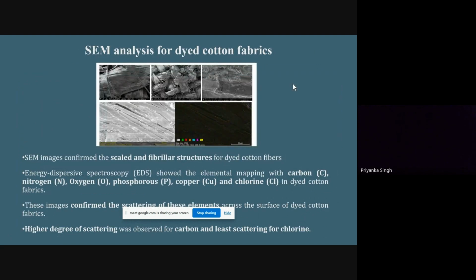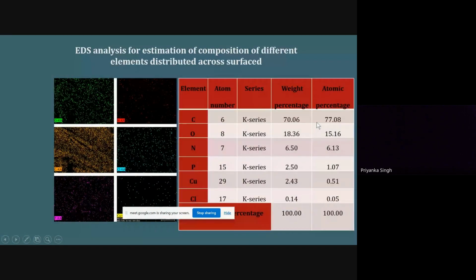Now we have taken this biomordant green tea associated with neem extract for the same analysis, and in this cotton fabric we have found a very scaly fibrillar structure. After the elemental analysis, we found a higher percentage of carbon and oxygen, and a very low percentage of copper and fluoride. So this also shows the eco-friendly nature of this cotton fabric, with a higher amount of carbon, oxygen and nitrogen.